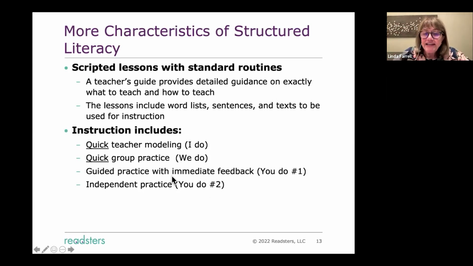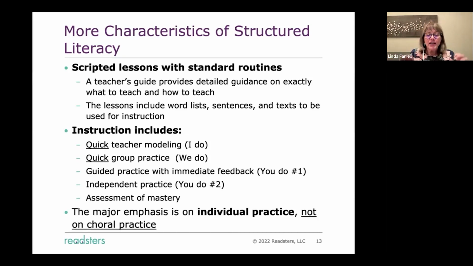But basically, you don't go to independent practice until you've had the students read aloud and given them guided practice. And then finally, there's assessment of mastery before you move on. So again, I cannot overemphasize individual practice rather than choral practice.